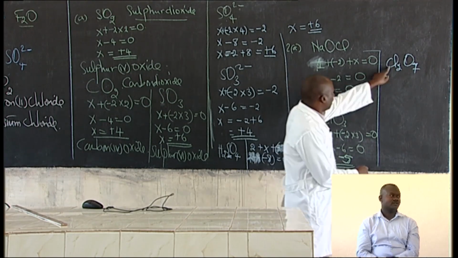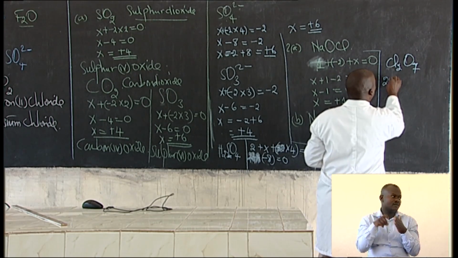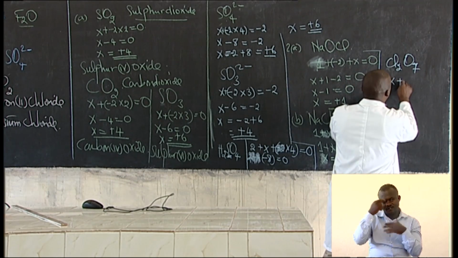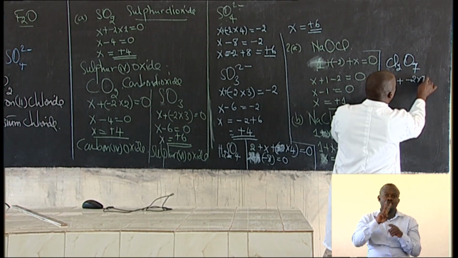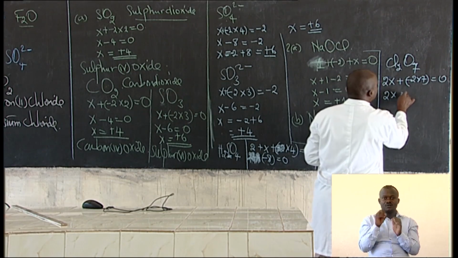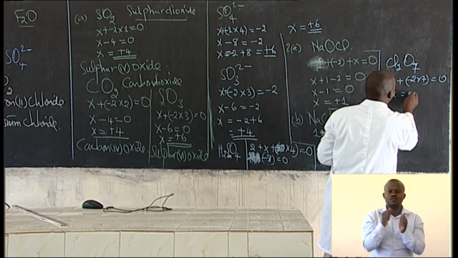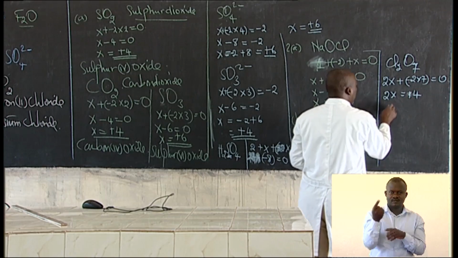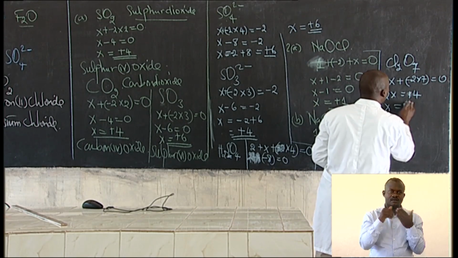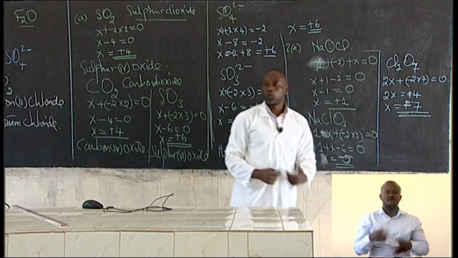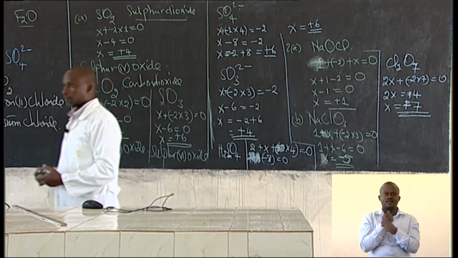So we'll need chlorine here, so that will be 2X, because that is what we are looking for, plus -2 times 7, which is equal to 0. So 2X is equal to 14. So X will be equal to +7. That is how you get the oxidation numbers.